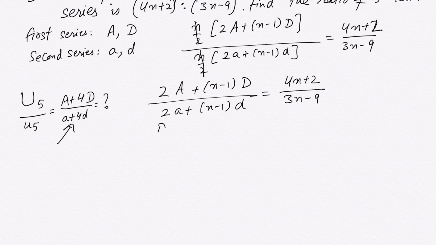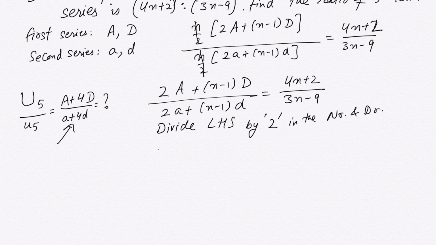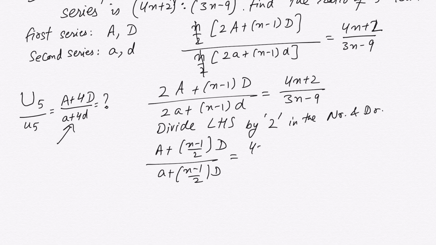What I will do is, I'll say, okay, let us divide the left hand side by 2, right? We'll divide the whole left hand side by 2 in the numerator and denominator, right, to keep the balance. And if I do that, what I get is a plus n minus 1 upon 2 into d, divided by small a plus n minus 1 upon 2 into small d, equal to 4n plus 2 upon 3n minus 9.